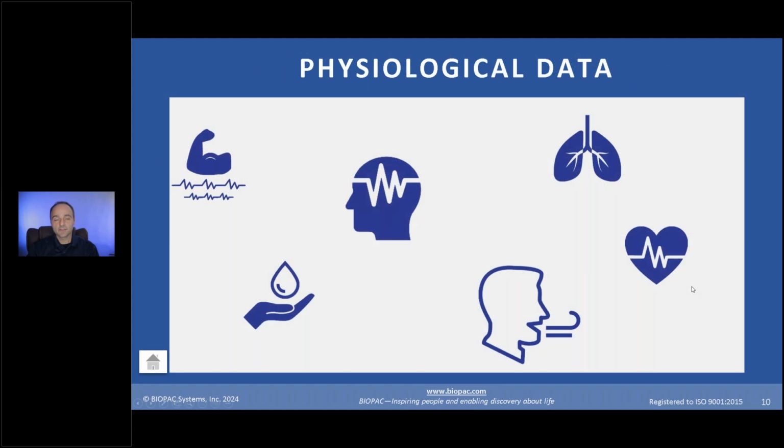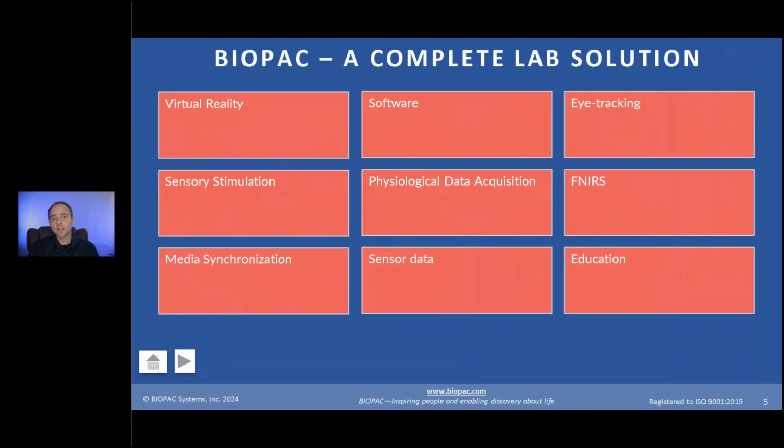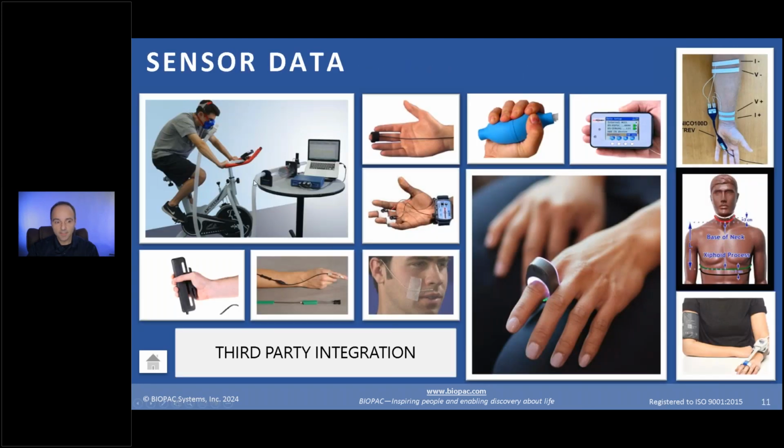As far as physiological data acquisition, looking at biopotential signals, we can record all manner of signals: electrocardiogram, electromyogram, electroencephalogram, and so forth, and different kinds of sensor data. Here we can see, for example, from an exercise physiology standpoint, looking at gas analysis and airflow, looking at force sensors, skin conductance, pulse, goniometry, temperature.